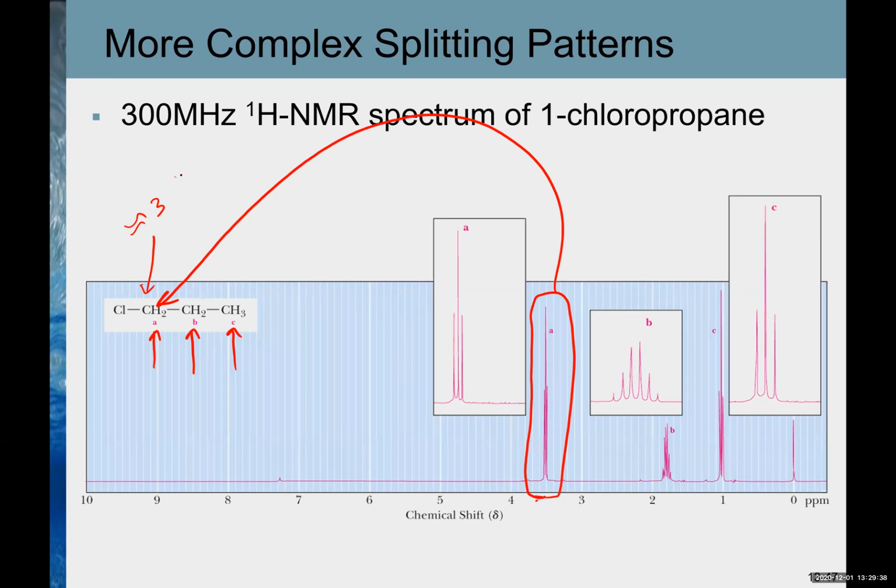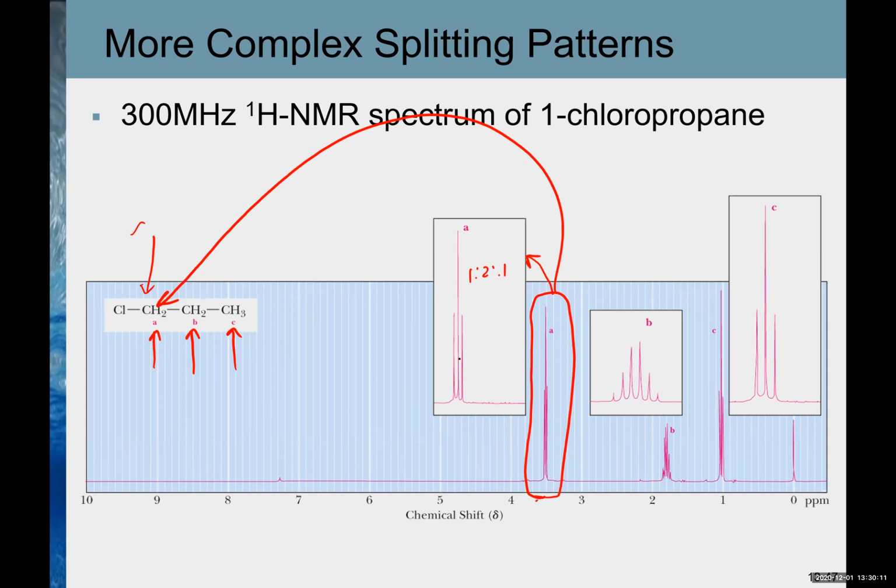That will be 2 plus 1 equals 3, and so it will split into a triplet. If we look at the zoomed version of A, we'll see it does indeed split into 3, and the intensities are 1:2:1, which means the middle one is twice as large as the side 2 peaks. Does that make sense?